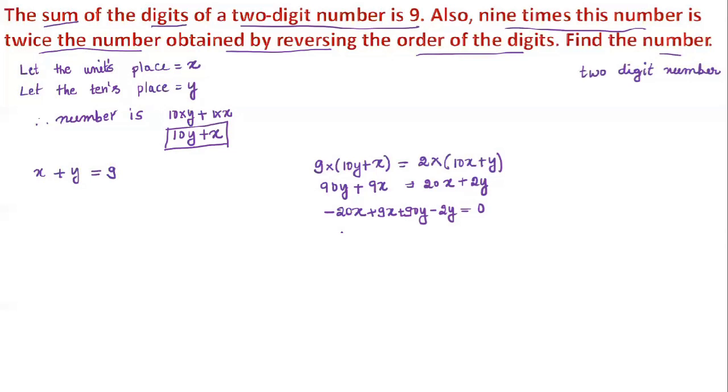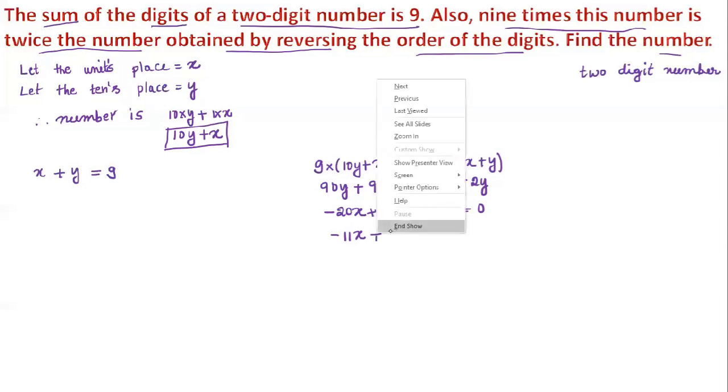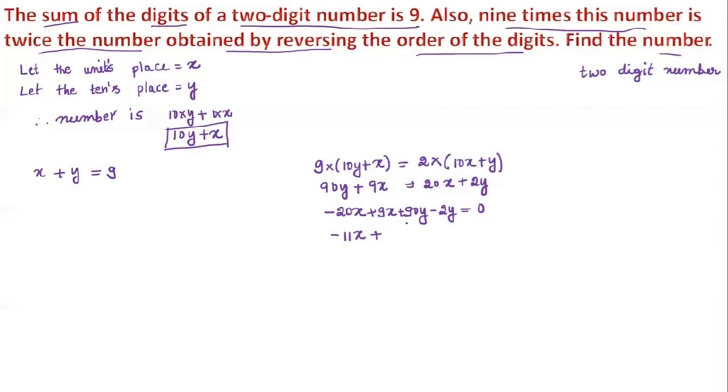There is no constant term, so it is equal to 0. So minus 20x plus 9x is minus 11x, plus 90 minus 2, that is 88, y is equal to 0.